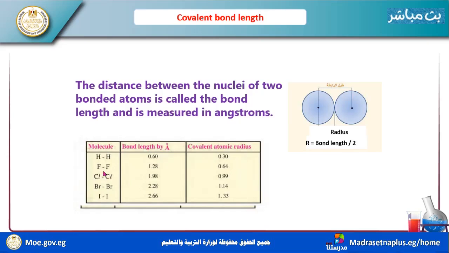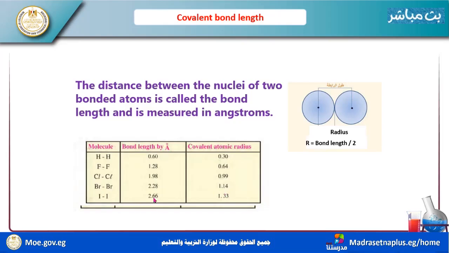We find here fluorine equal to 1.28, radius equal to 0.64. Cl equal to 1.98, so radius equal to 0.99. Bromine 2.28, so Br equal to 1.14.